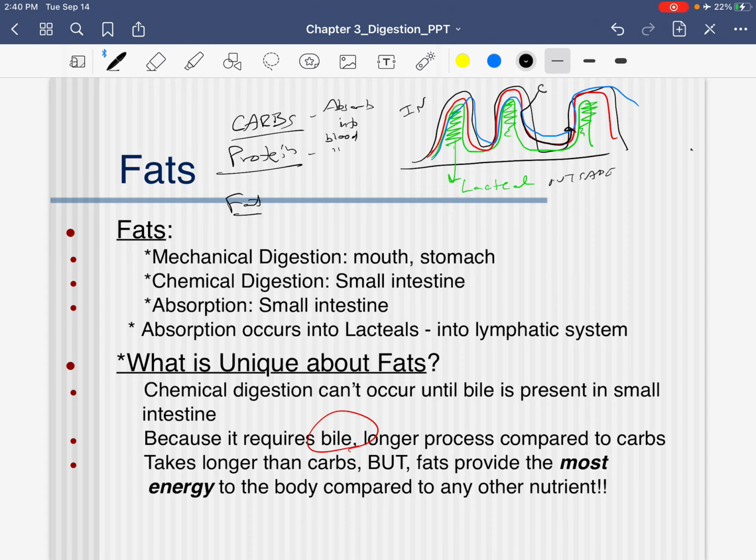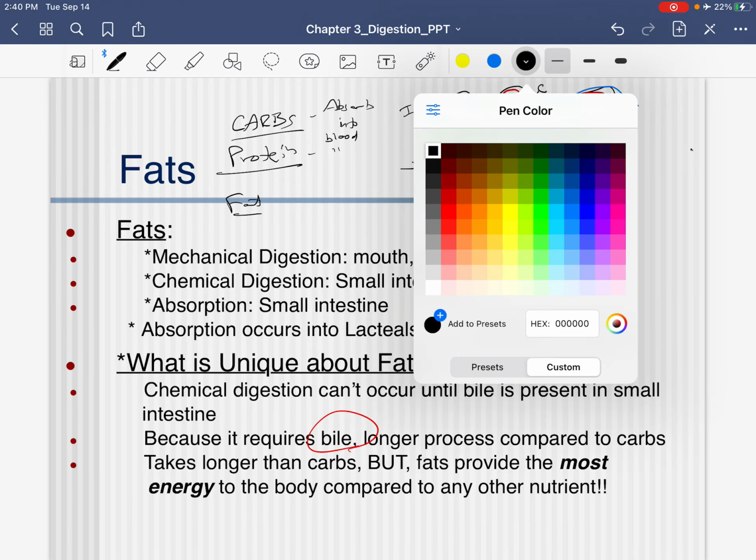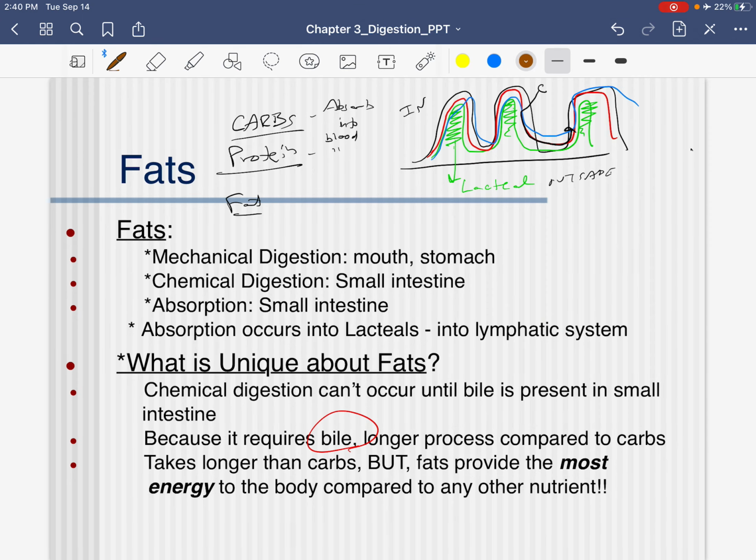Fat is different. Fats, we have to absorb into the lacteal.